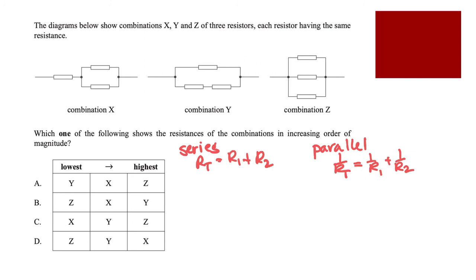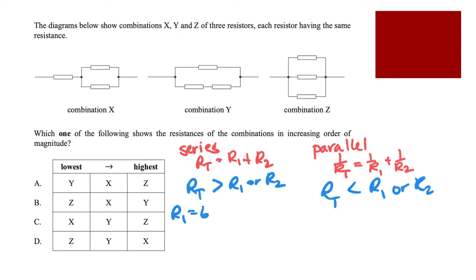Okay, so let me just put the equations we have for our series and parallel resistors. Now, series means RT equals R1 plus R2. And one of the big important things here is RT is always going to be bigger than R1 or R2. And one of the other things that happens with parallel is RT is actually always going to be lower than R1 or R2. So let me just do a quick example. Let's say R1 is 6 and R2 is 12.